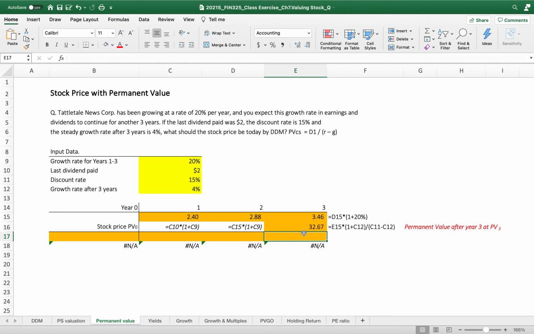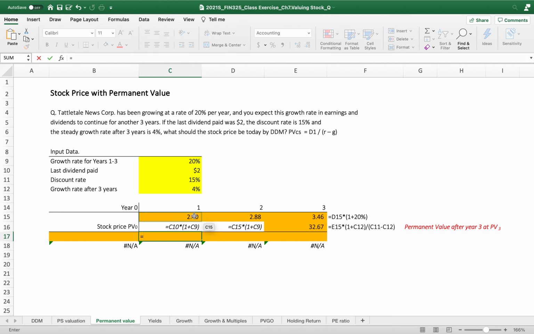So we got the present value at year 3, including the permanent value. Okay, so this permanent value is calculated by the dividend discount model at the end of year 3 as well. So we calculate all these future cash flows.